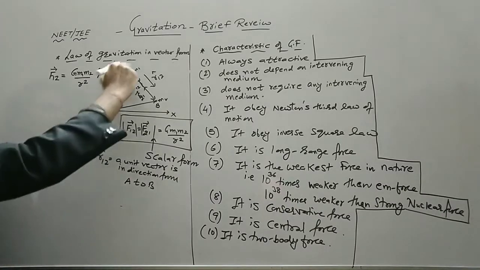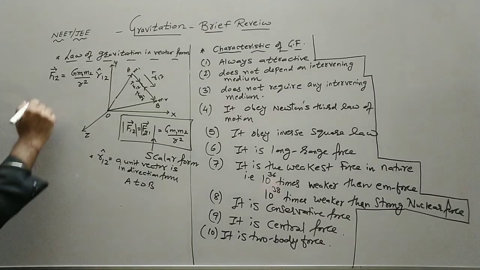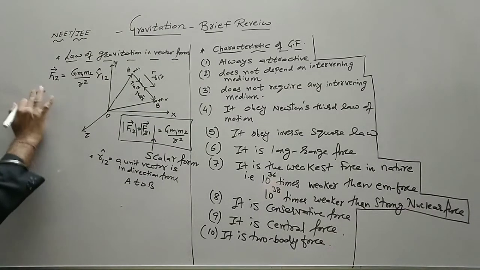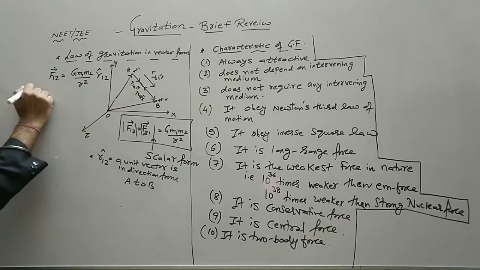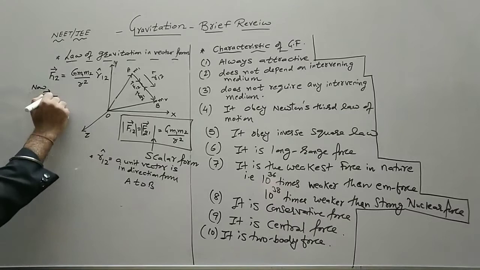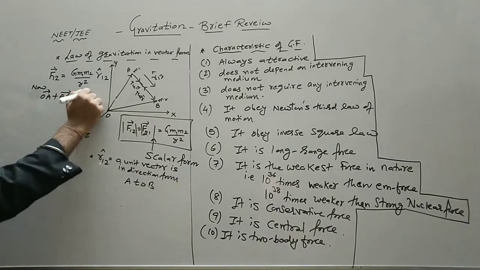Now if I take the triangle law of vector addition, we can write, from the diagram, OA vector plus AB vector is equal to OB vector.